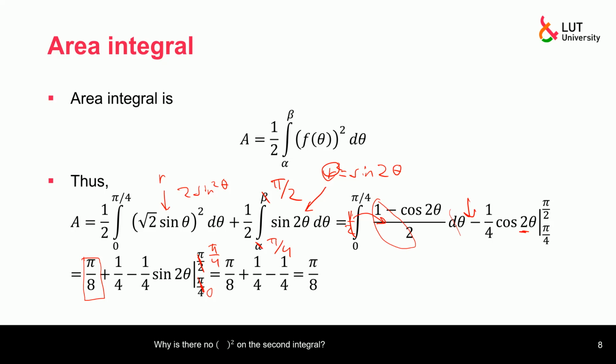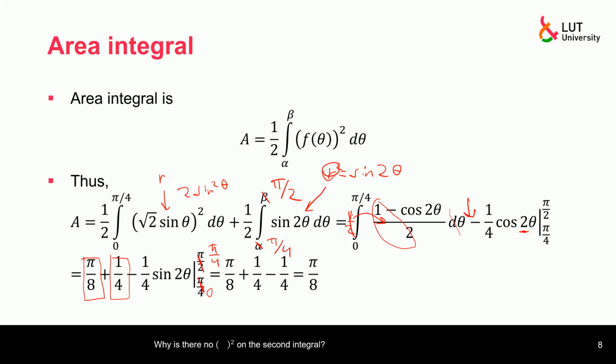So cosine pi over 2 is 0, but then we get 2 cosine 2 times pi over 2, which is cosine pi. Cosine pi is minus 1. Minus 1 times minus 1/4 is plus 1/4. So this comes from there.